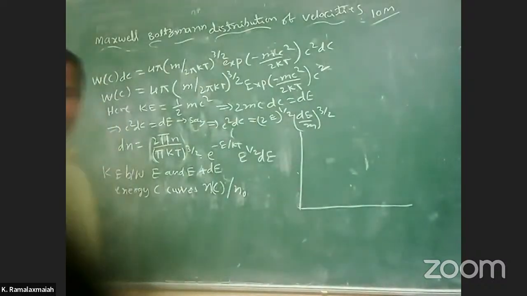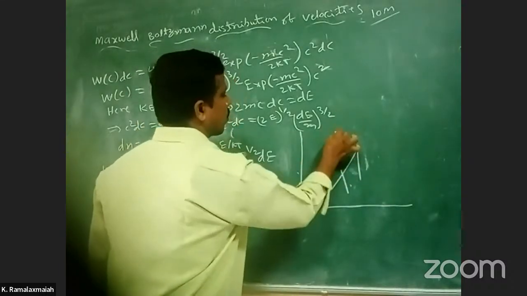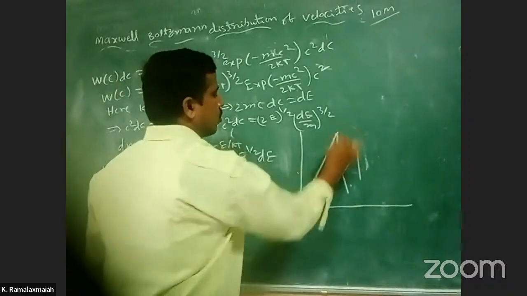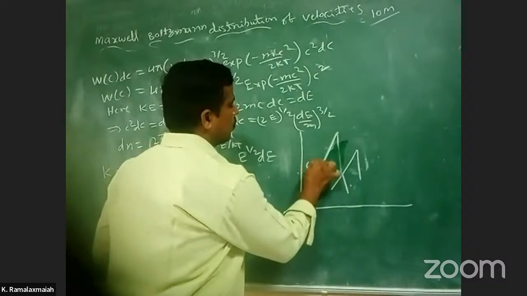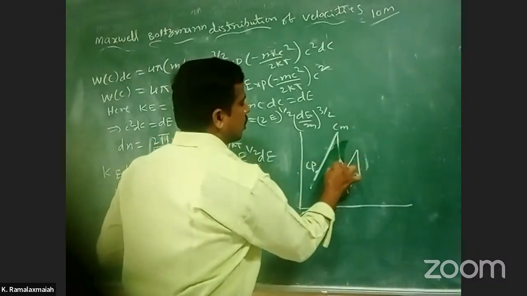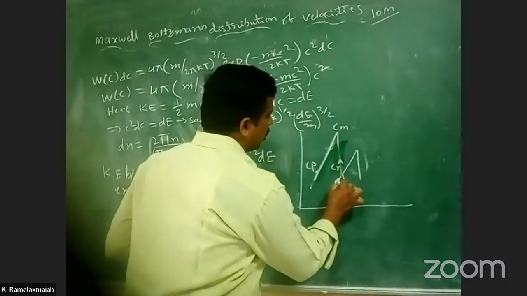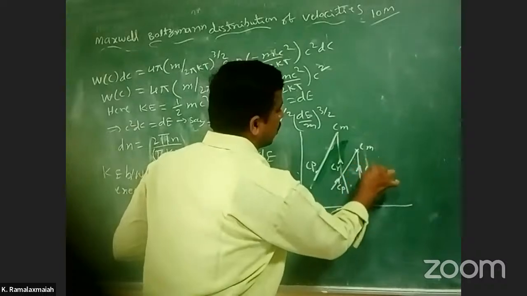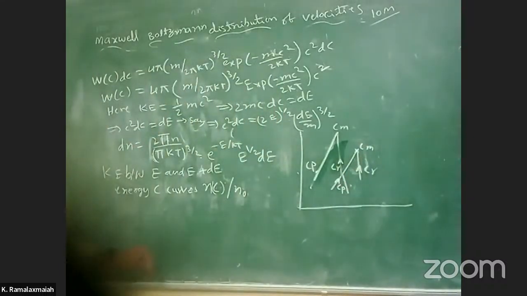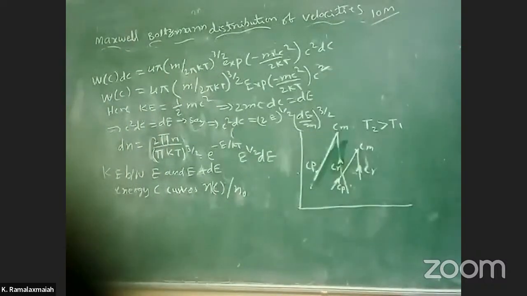Here you observe CP, CM, CR, and the curves for T2 greater than T1.